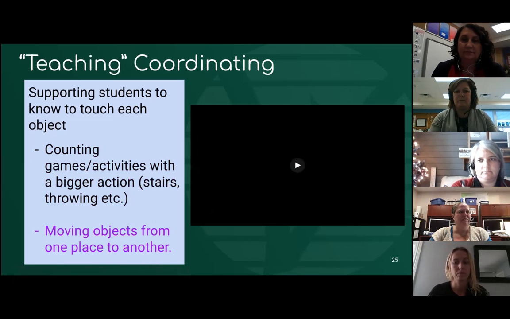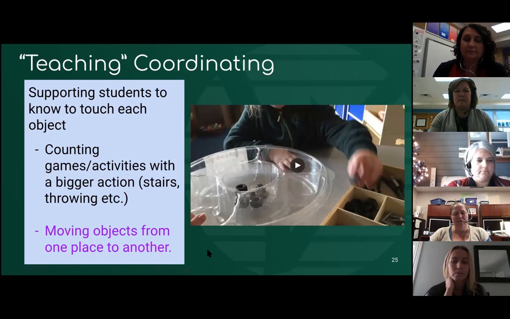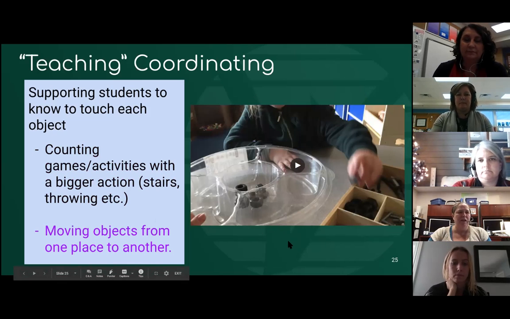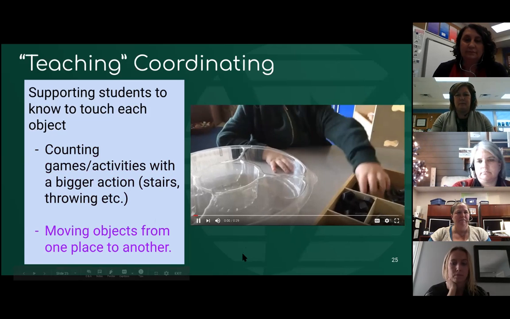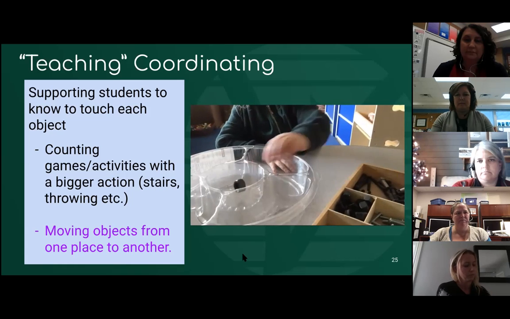Oh, there we go. Another thing that you can do with something even a little smaller is just moving an object from one space to another, from one location to another. And this is a video that Jen Gardner shot for us last year. Can you put 10 of these into here?